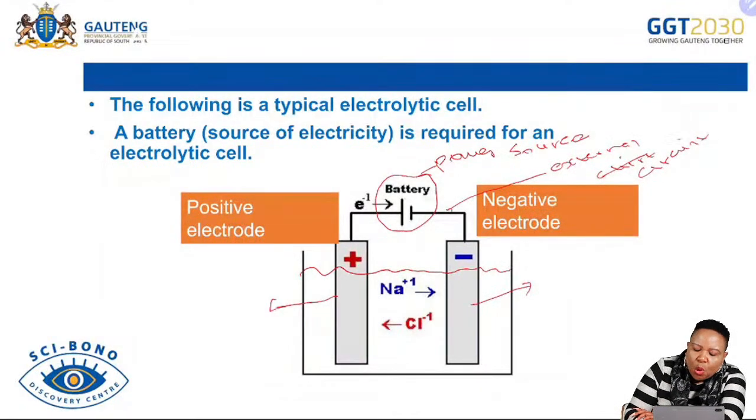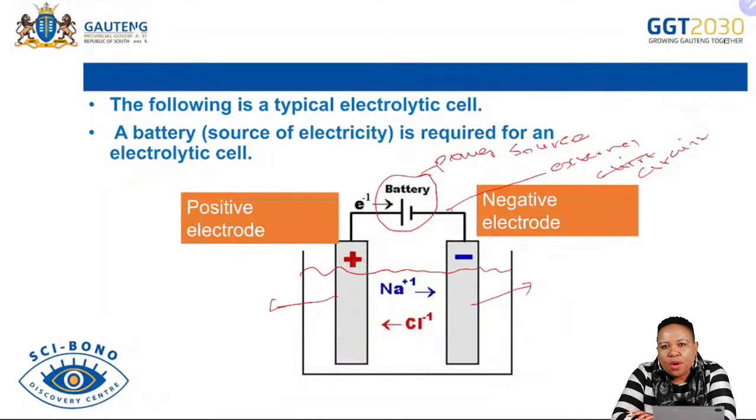So we are going to connect our electrodes now. One of the electrodes will be connected to the positive terminal of the battery, and the other electrode will be connected to the negative terminal of the battery. Remember that when we were dealing with the galvanic cell, we never connected our electrodes to a battery, but our electrodes became a negative electrode and a positive electrode.